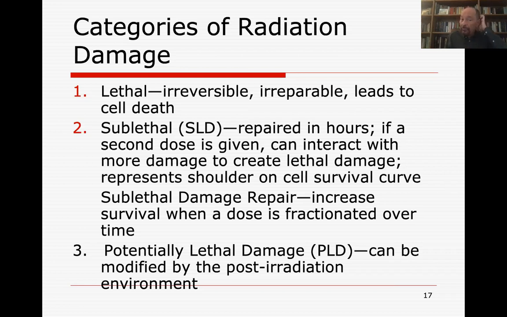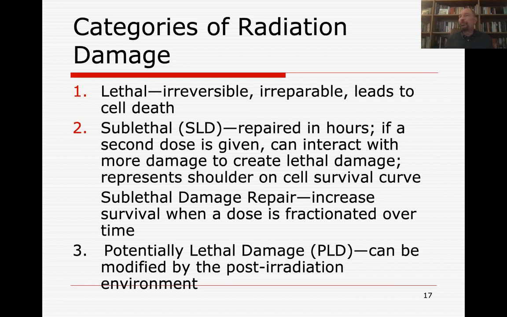Now, the sublethal damage repair is what actually causes the sparing effect, because essentially the probability of having an intertrack event, so the beta term, will be lower if you reduce the dose rate, because now if the time of repair becomes of the same order of magnitude or even shorter than the time of irradiation, then of course you can do a lot of repair before you have a second event.